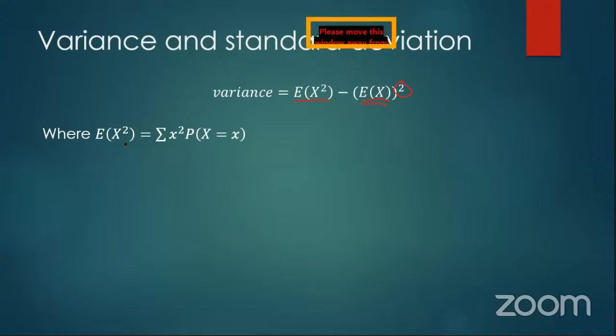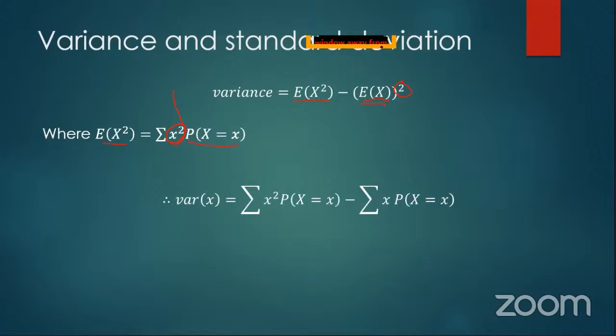And for the expectation of x squared, we get the small x squared and multiply it by the probability values. Then we substitute in this formula and get the variance. After getting the variance, if we are asked to find the standard deviation, we just find its positive square root.